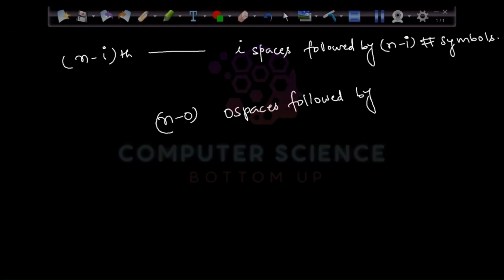What would be the code for it? For int i is equal to 1.